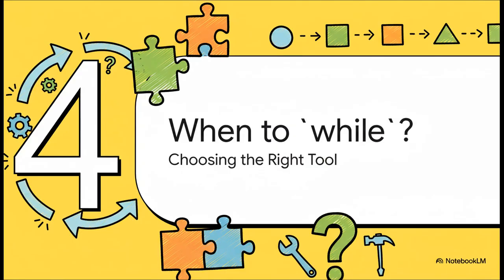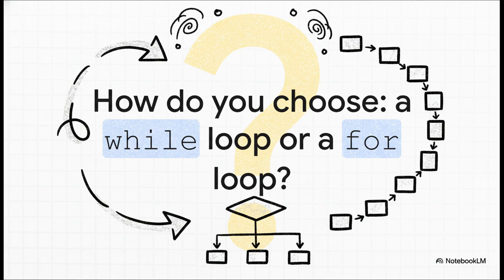Okay, so we know what a while loop is, how to control it, and we know the big pitfall to avoid. The final piece of the puzzle is mastering the strategy, knowing exactly when to use one. This is the classic question, because in your programming toolbox, you have another popular tool for repetition: the for loop. So when you're staring at a problem, how do you know which one is the right tool for the job?